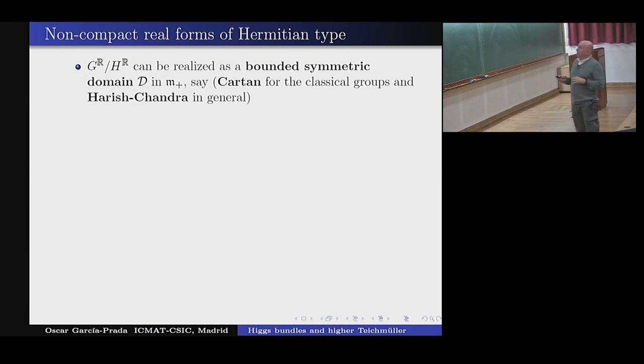They can be realized as bounded symmetric domains D, for example, in M plus. It could be in M minus, but let's choose M plus. And this was shown by Cartan for the classical groups, and Harish-Chandra had the general picture of how to do this: the precise map to go from this symmetric space to a bounded symmetric domain in this complex vector space.